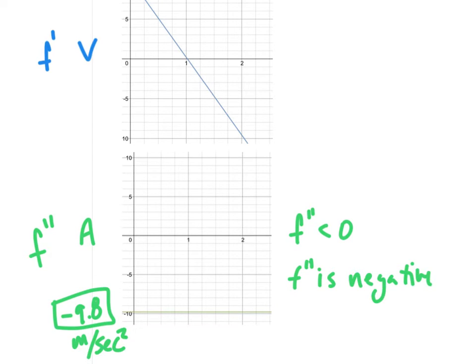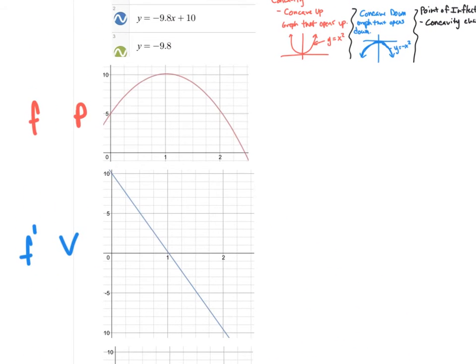Because my second derivative is negative, we look at the shape of our position function, and this is a parabola that opens down. So we know this function is concave down.